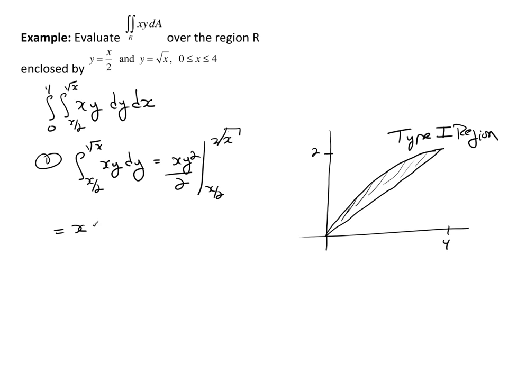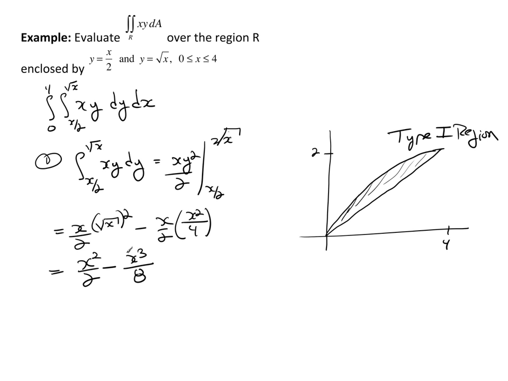So this is going to be x over 2 times the square root of x squared minus x over 2 times x squared over 4. So that's going to be x squared over 4, that's going to be an 8. So this is going to be x squared over 2 minus x cubed over 8.